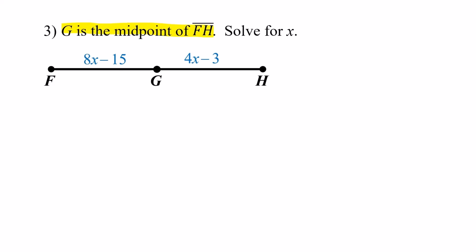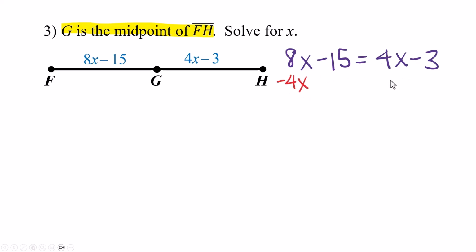G is the midpoint of FH. So that means these two pieces are equal to each other, and we set that up and we're going to solve. Once you have the equation set up, that's the end of the geometry. Then it becomes a matter of knowing how to do the algebra. In this case, it's a variable on both sides. The way I like to do these is I like to subtract the smaller variable from the larger one.